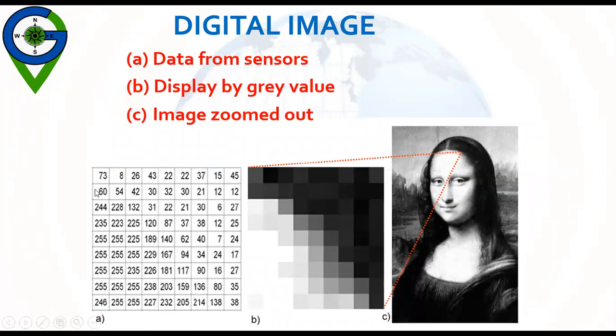For example, this is a digital image, and this is how a digital image looks. This one small square is known as the pixel, the picture element, the smallest part of an image.